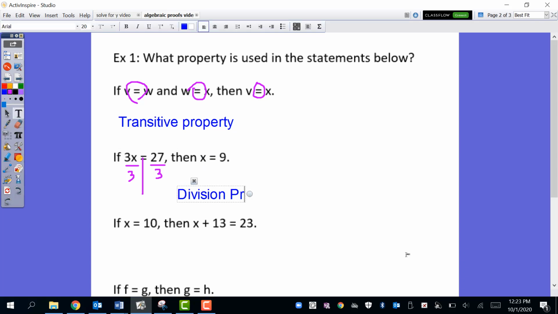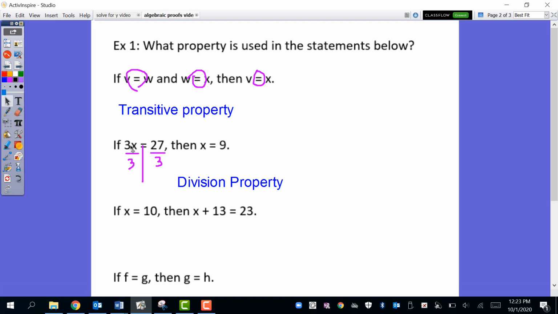I don't even need to look at the paper to know that, because they're just solving an equation right here. And all they want to know is what step did they do to go from this to this? Oh, they divided. In the next example, it says if x equals 10, then x plus 13 equals 23. So they're kind of doing the opposite of this. They're starting out with the answer, x equals 10, and it's changing. It used to be x alone, and now it's x plus 13.